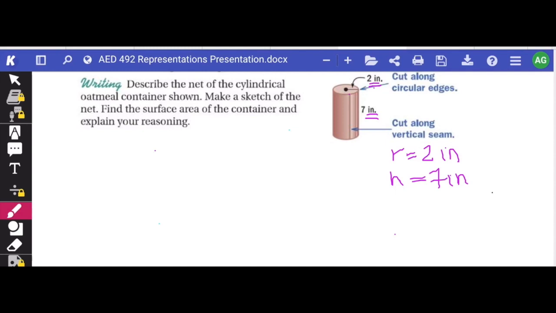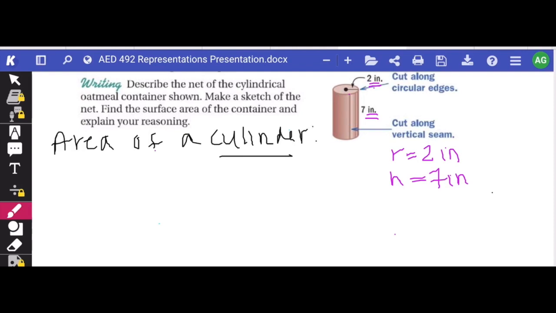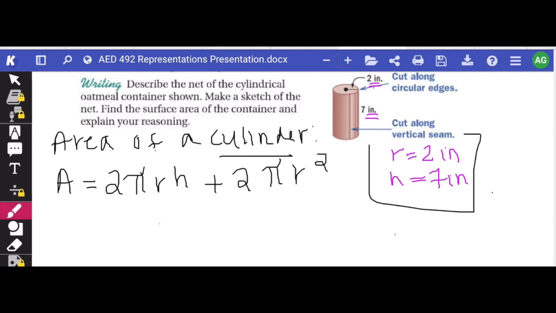Now, you might think that there's another way to do this, which is a bit easier, and we could also use the area of a cylinder formula. So that formula is going to be 2 pi r h plus 2 pi r squared. And we take the values and we could plug them in.